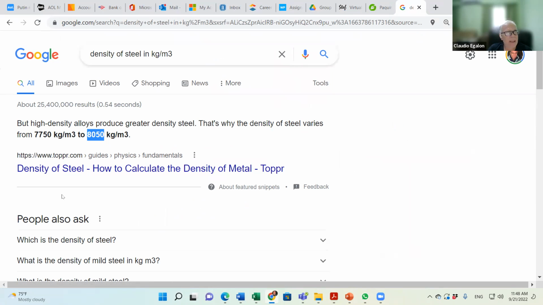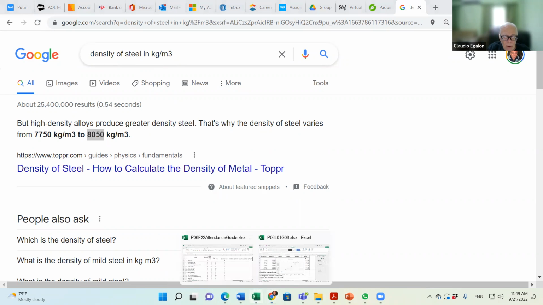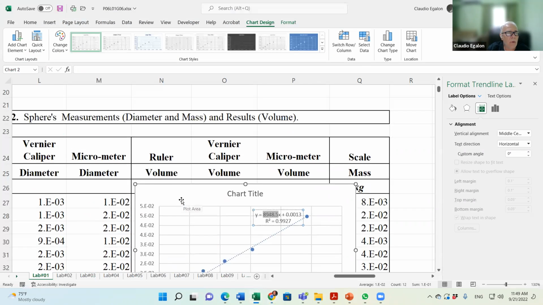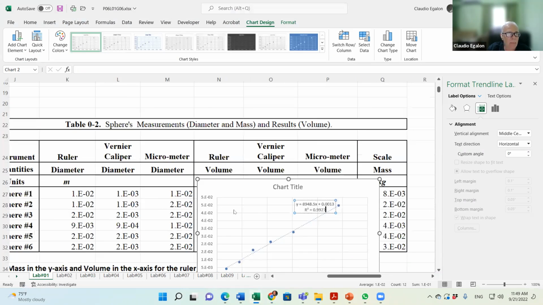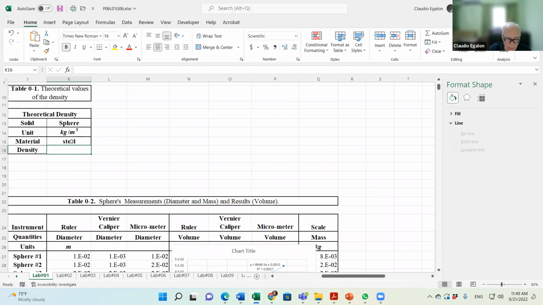But that's okay. You take the average of those two. Let's see, you get 7,750, we get a 300 difference, 150 added, you get 7,900. That's what I should write for my density of steel in my spreadsheet, 7,900.